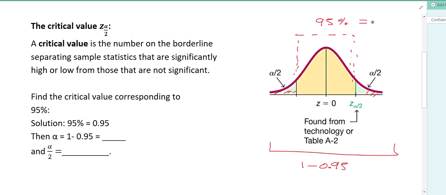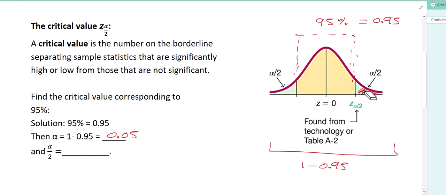Convert 95% to 0.95. So in this shaded area you have 1 minus 0.95, which is 0.05. But then there's 2 of those. So to get just one of them, we need to take half of it.